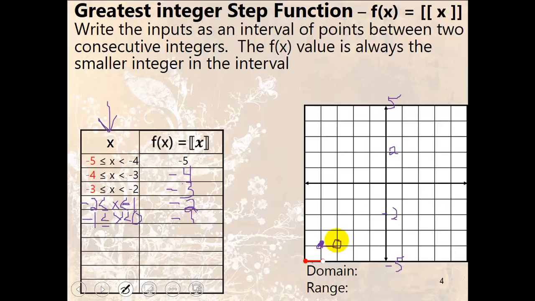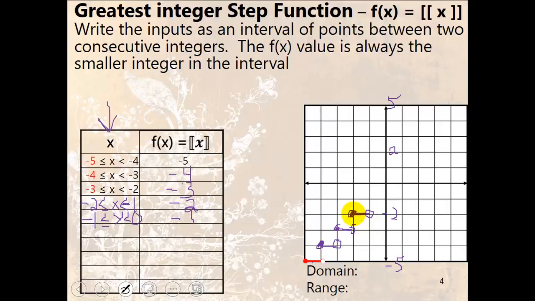And see how we start getting a step here. And then we go from -3 closed, and then open at -2. And then we go from -2 closed, x is -1 open, that's at -2.